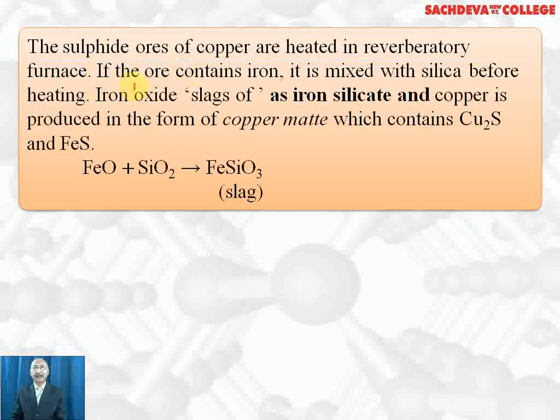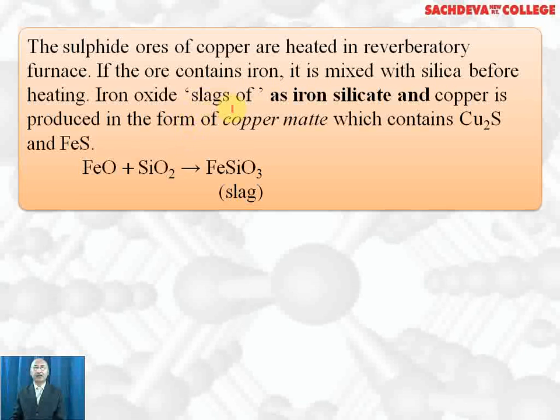If the ore contains iron, it is mixed with silica, because ferrous oxide is a basic impurity, so we need an acidic flux. Flux is a substance which reacts with gangue to form slag. So silica is acidic, which has to be added to remove FeO, which is a basic impurity.